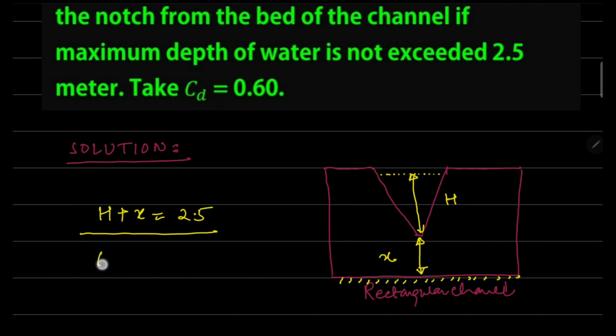However, the Q value is given to us, and we can relate the Q value with the h. Once corresponding to Q you can get what h should be, then you just subtract the h value from the 2.5 meter. You will be able to figure out the x that is required from this particular question.